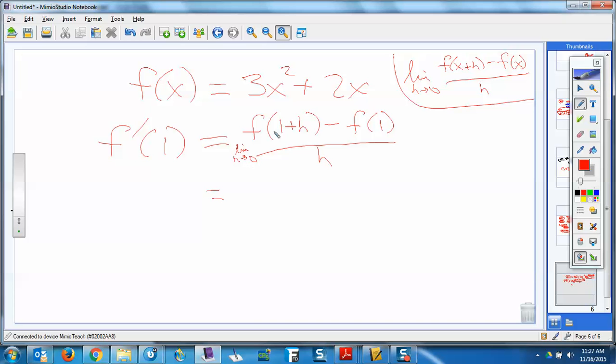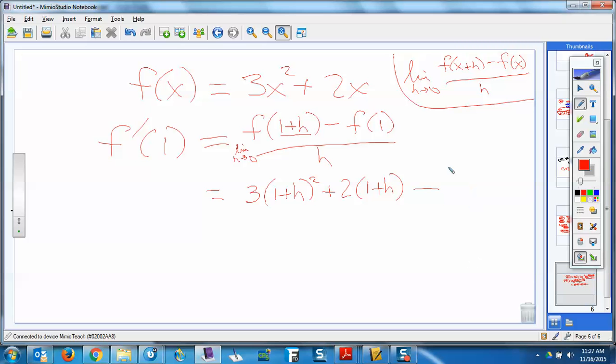Okay? So what's f of 1 plus h? Sub that in for the x, right? So it'd be 3 times (1 plus h) squared, plus 2 times (1 plus h). So that'd be the f of 1 plus h part.